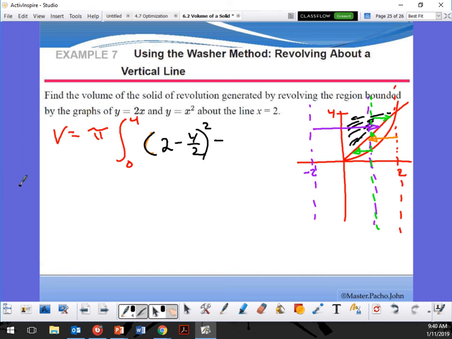All right, so let's keep going. The second one would be 2 minus a third of y, and then D1.